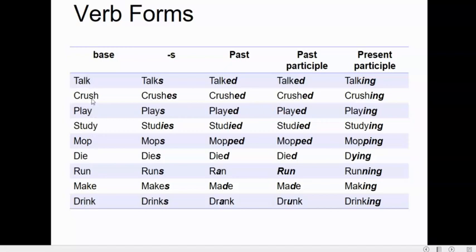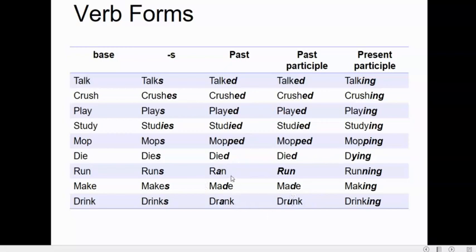The main difference between regular verbs from talk to die in comparison to irregular verbs from run to drink is that when you look at the past and past participle forms, regular verbs end in ed, always. However, irregular verbs don't end in ed.